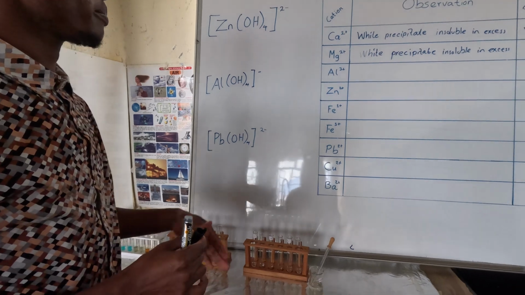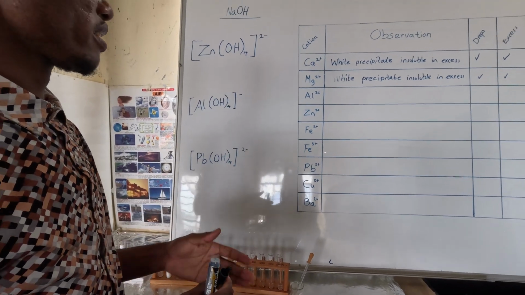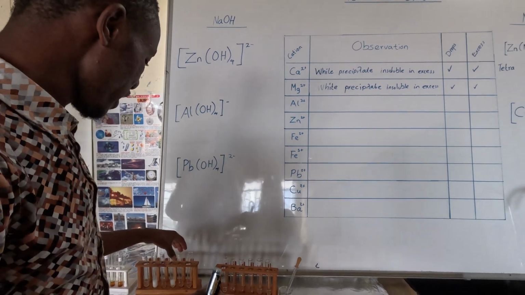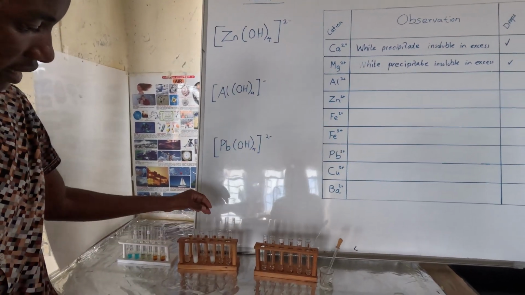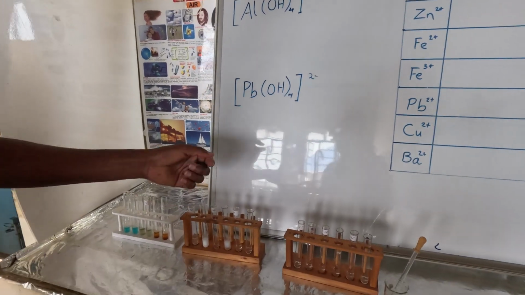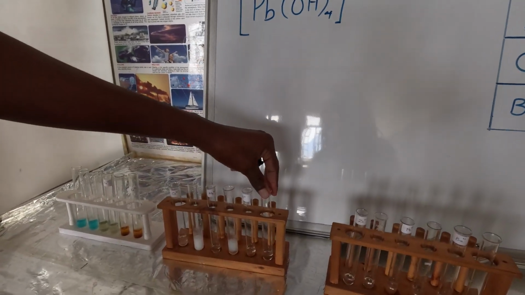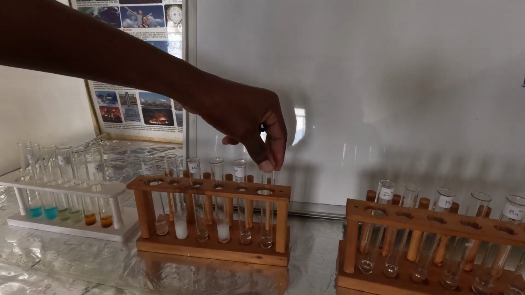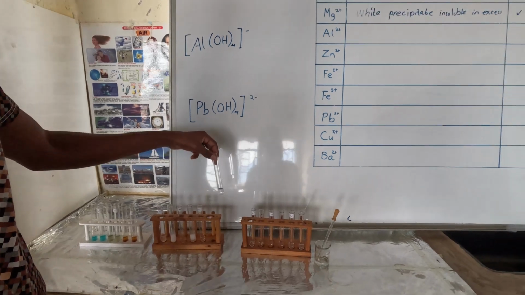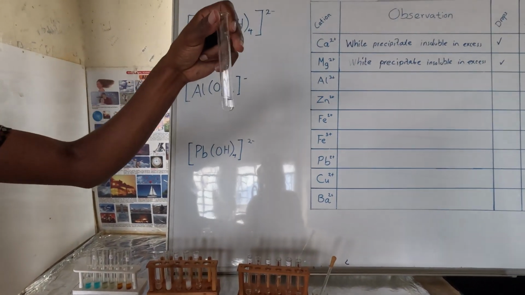Again, our acronym: Kamgaz, Zin, Fefe, Bukuba. So we are getting to aluminium. Back to our test, one is labeled, the other one is not labeled. Why have I not labeled it? Because I just know it for now, but when I repeat the practical, to avoid confusion, I have labeled the first test tube. So this is aluminium ions.